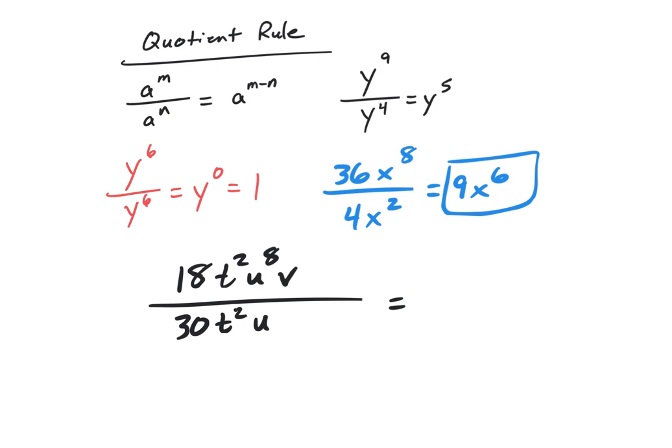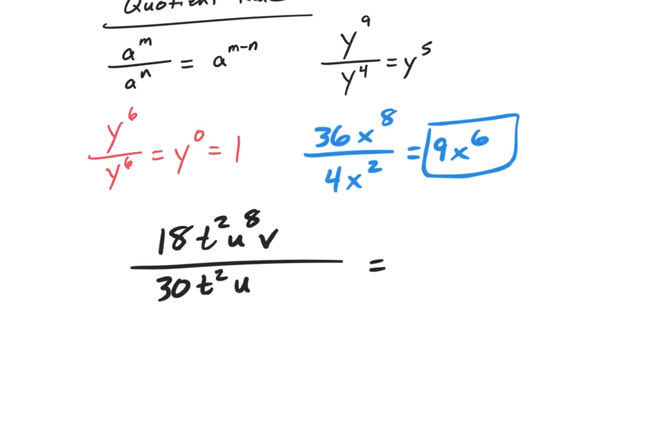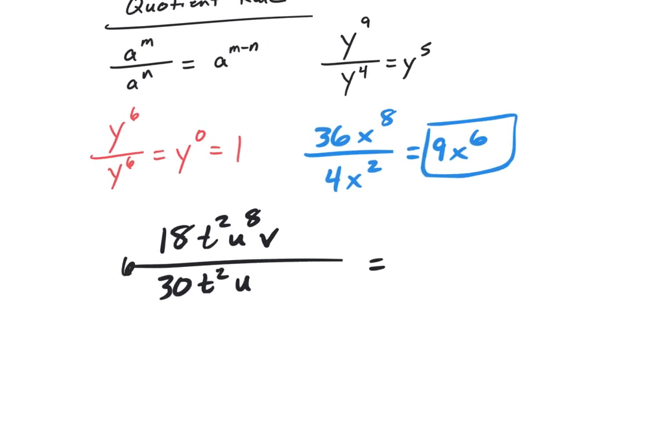So like I could take 2 out, but 2's not going to be the biggest thing I can take out. So we got to figure out what's the biggest thing that I can take out of both 18 and 30. 6. Okay. Anything bigger? I think 6 is it, right? So we're going to take a 6 out of both of those. So that leaves me 3 on top, 5 on bottom. We know that we're simplified because 3 over 5 doesn't simplify anymore. That is completely reduced.